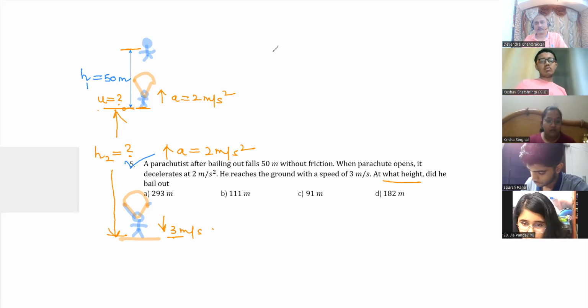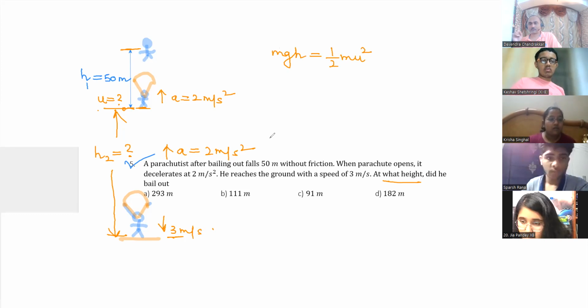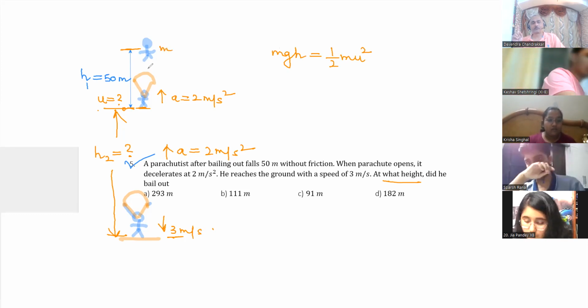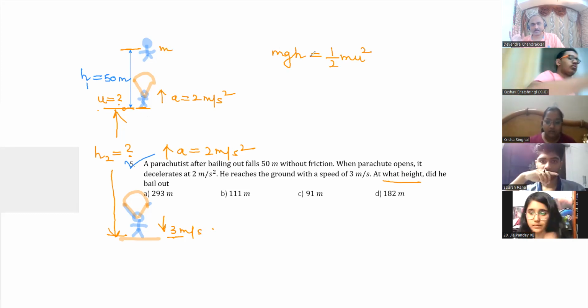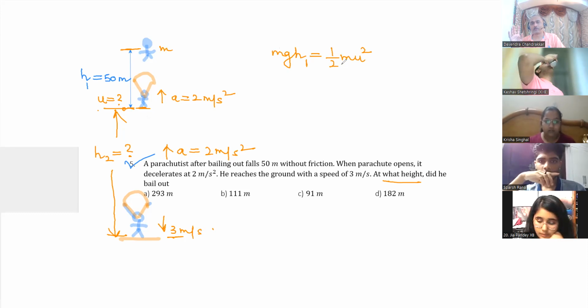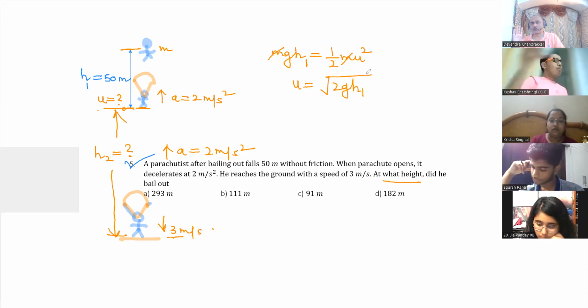It's simple. It's mgh is equal to half mu square. You have read this or not? Mass m has fallen through height h1, right? So mgh1 is equal to half mu square. m cancels out. You are left with u is root of 2gh1. Agree to this or not?